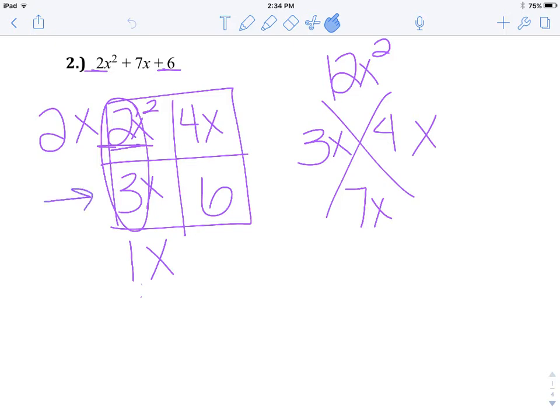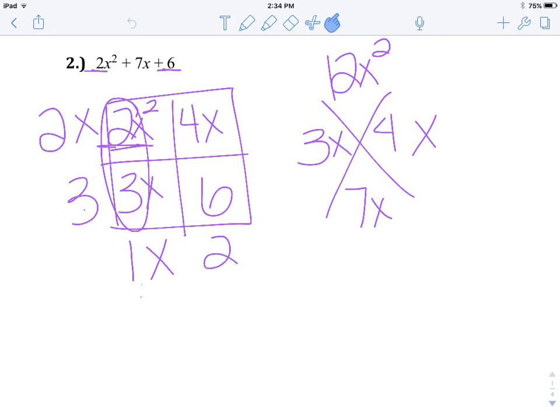Coming down here, we need a number times 1x to get 3x. Well, 3 times 1x will give us 3x, so this becomes a 3. Down here, 3 times what gives us 6? Well, 3 times 2 gives us 6, so that's going to end up being a 2.